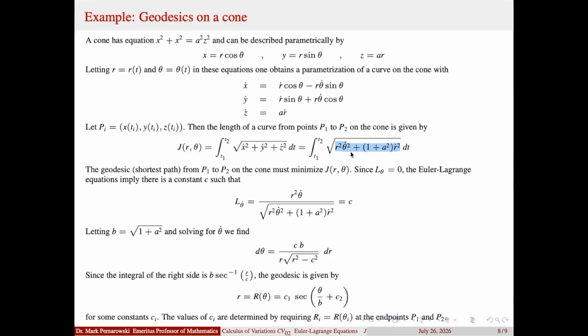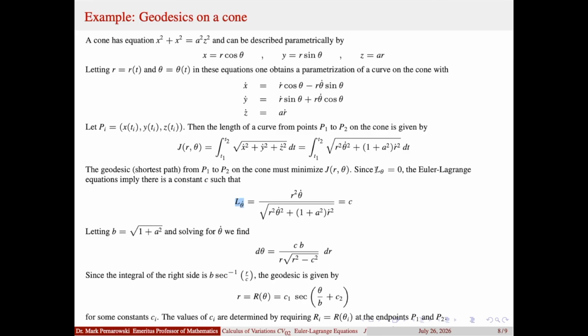I'm going to point out one thing. Since L sub theta is 0, that means the Euler-Lagrange equation for theta is simply going to be the derivative of L sub theta dot.